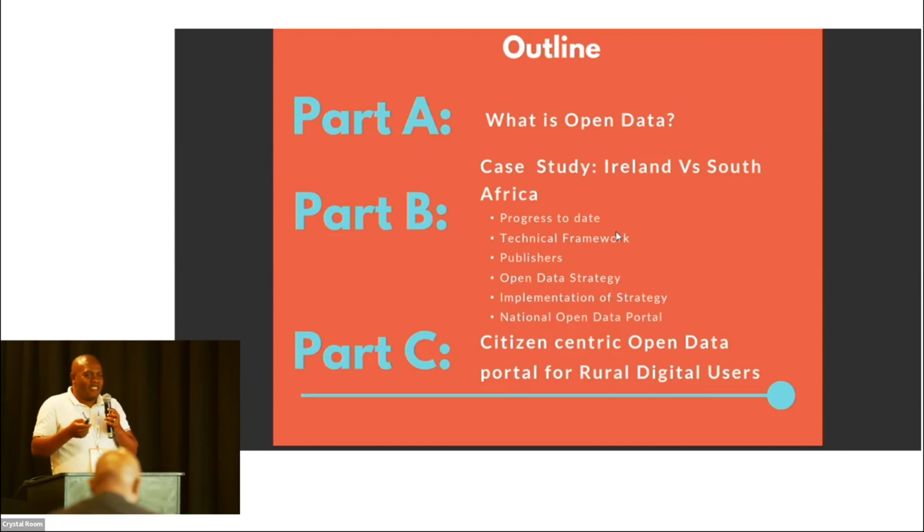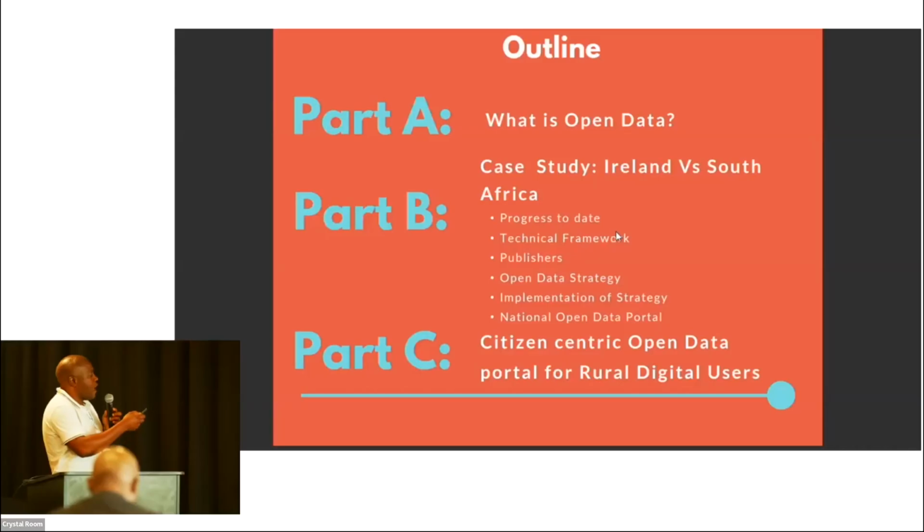They are not even playing at the World Cup, so I'm not sure why, but I ended up going to Ireland and picking what they have done in terms of open data. Then I also link to the different initiatives which are happening within the country in as much as open data is about. Then we talk of the key part now, which we call the citizen-centric for digital rural users.